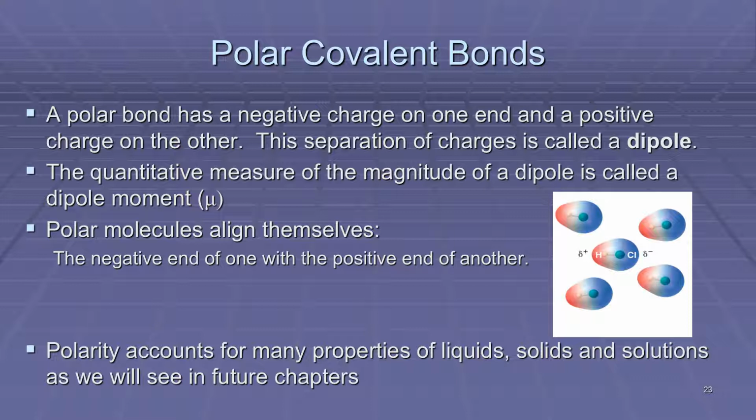Then the important thing, why do we need to know about polar molecules, is that they will tend to align themselves with one another. So you can see in the picture over here, the negative end of chlorine is attracted to other positive ends of other HCl molecules, and the positive end is attracted to other negative ends. And so this will be something important for all properties of molecules that we will talk about in future chapters.